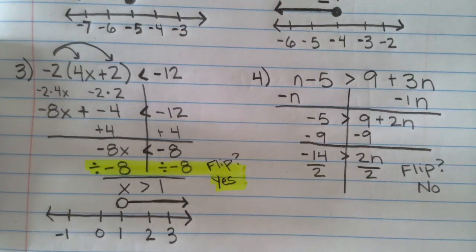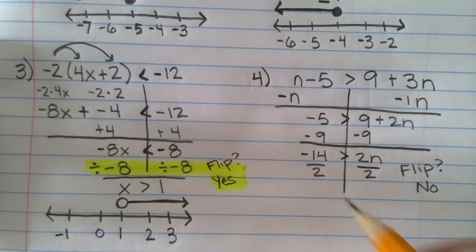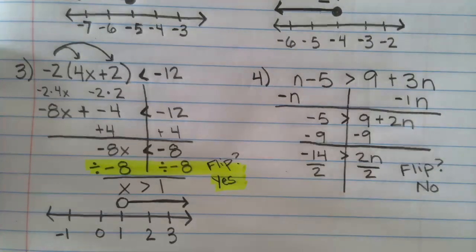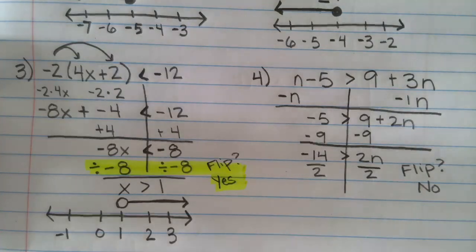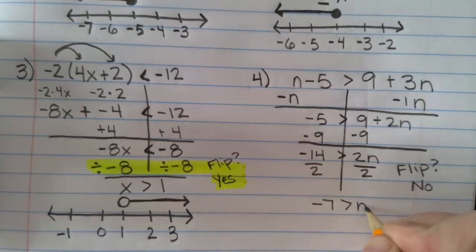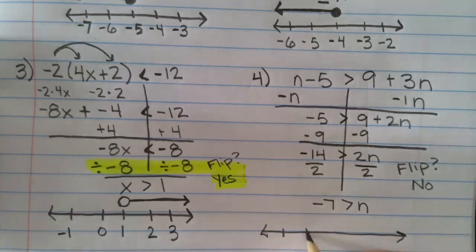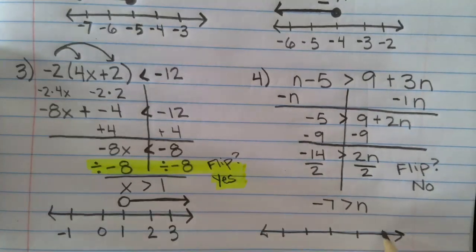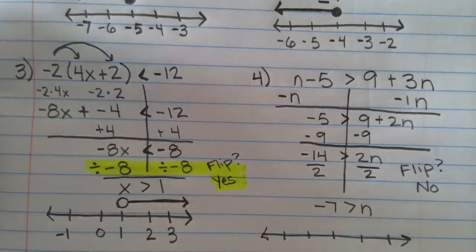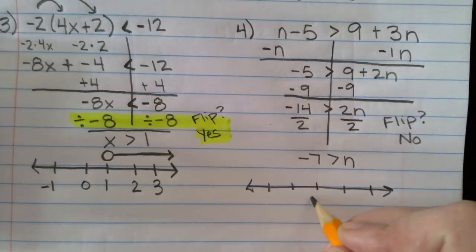It's just a different math problem. All right, what's negative 14 divided by 2? 7. Negative divided by a positive is a negative.